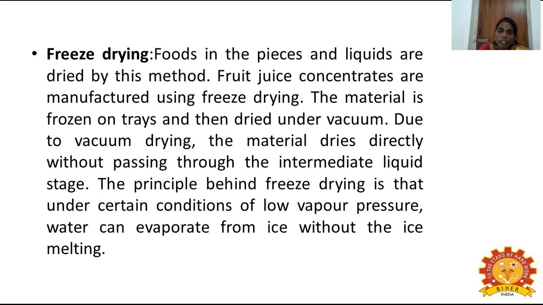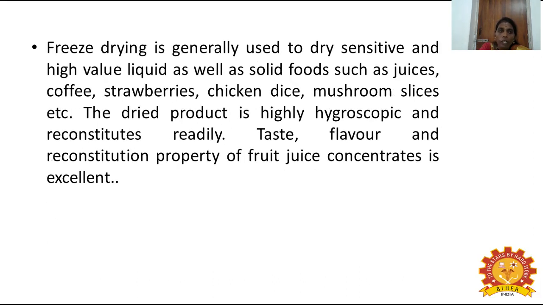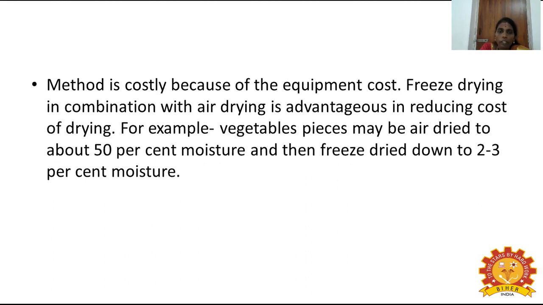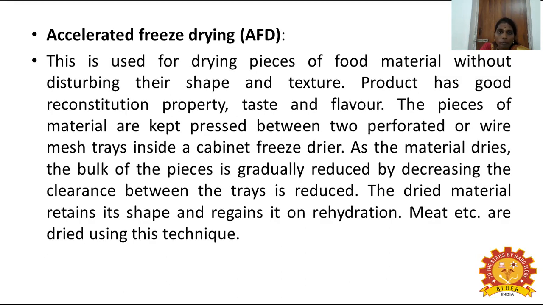The principle behind freeze drying is that under certain conditions of low vapor pressure, water can evaporate from ice without the ice melting. Freeze drying is generally used to dry sensitive and high value liquids as well as solid foods like juices, coffee powder, strawberries, chicken, mushroom slices, etc. This method is costly because of the equipment cost.